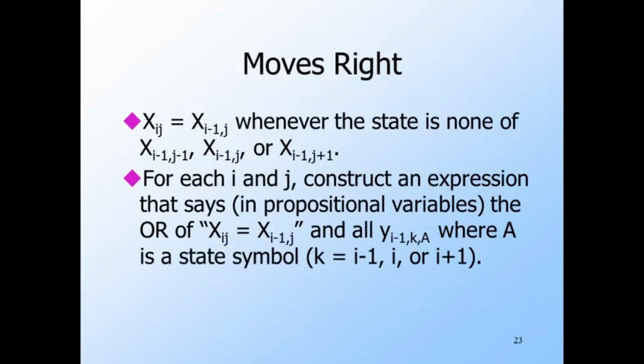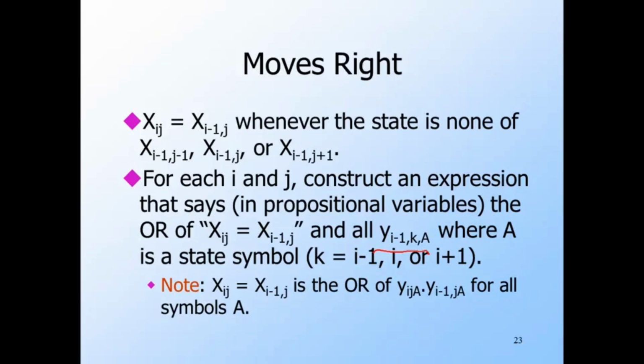The idea that the state is lurking is the OR of those propositional variables y sub (i-1) k a, where k is within 1 of j and a is a state symbol of M. Now we need to translate the equality of x_ij and x_(i-1)j into propositional variables, but we just need the OR of y_ija and y_(i-1)ja, that's this, for all symbols a.